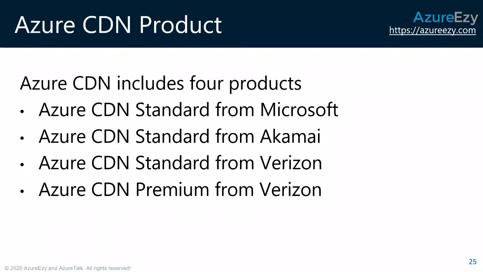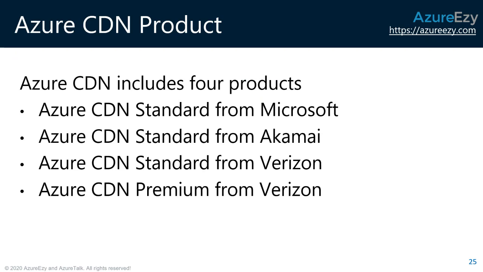Then in Azure, you have different CDN products. We have Azure CDN from Microsoft. You can use Azure CDN from Akamai. You can use Azure CDN from Verizon, that is the standard version, or you can use Azure CDN Premium from Verizon.